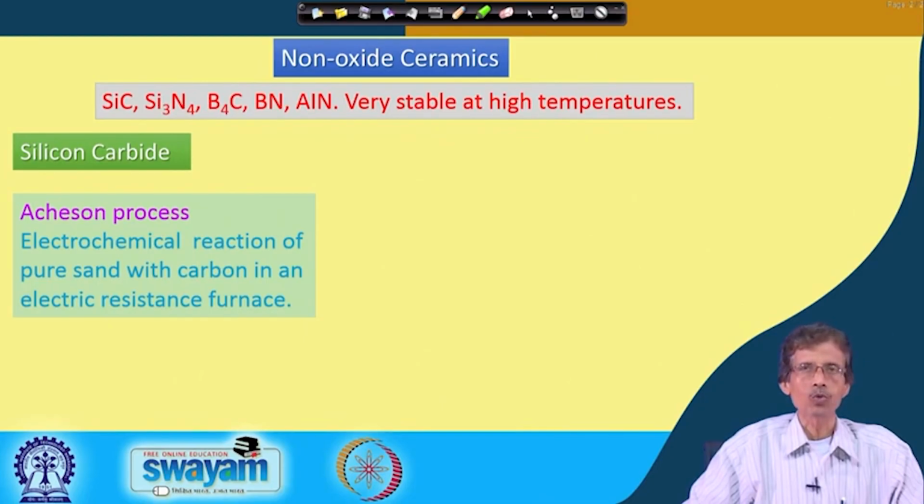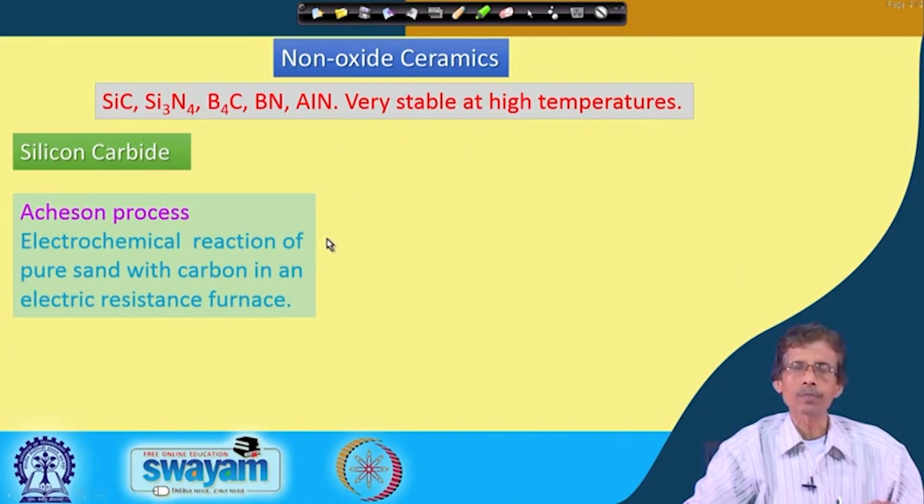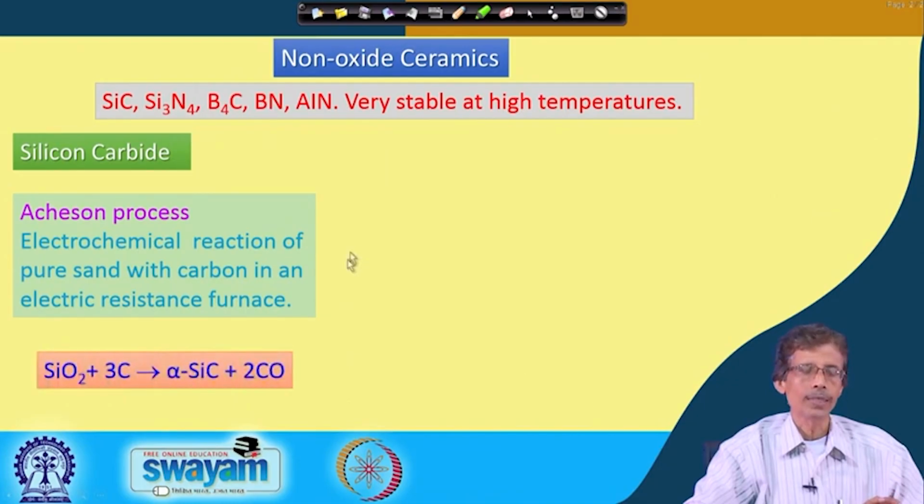So, SiO2 mixed with carbon in a particular electrochemical reaction gives you silicon carbide, because the carbon is present simply as elemental carbon, so the oxidation number of carbon is 0. When this carbon mixes with the silicon, it gives the corresponding silicon carbide.